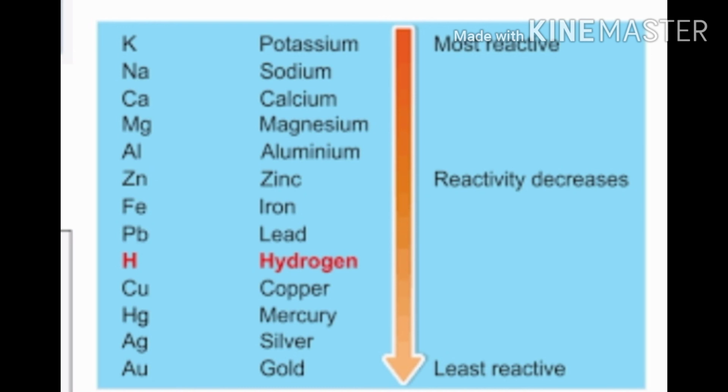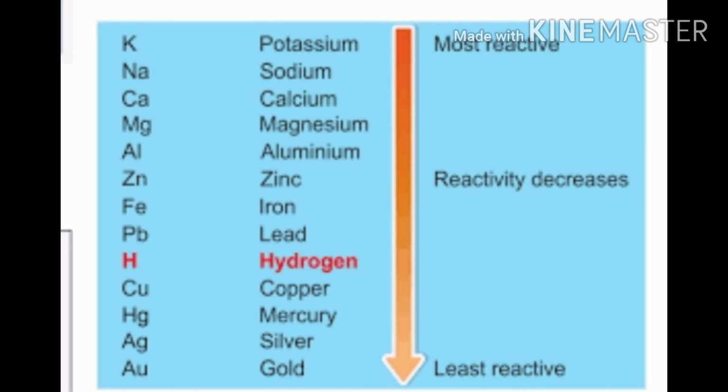If a metal displaces another metal from its solution, it means it is more reactive than the other. So, on this basis, we can prepare a series and place the metals in the order of their decreasing reactivity. You can see the reactivity series here.